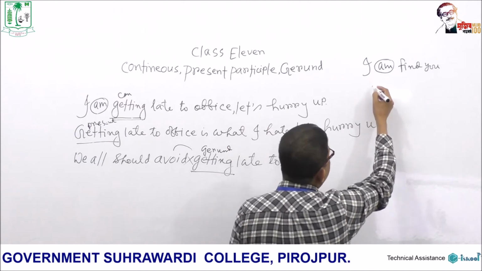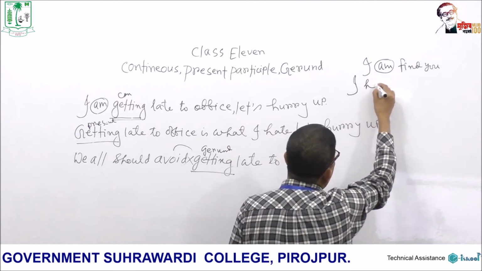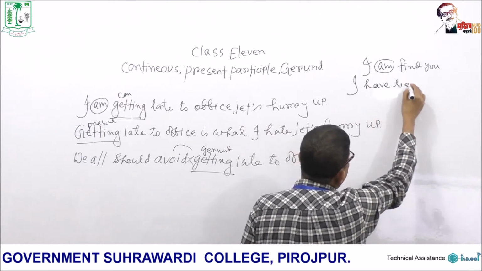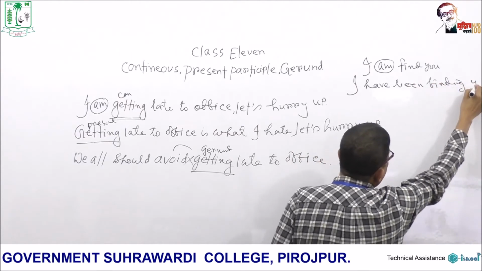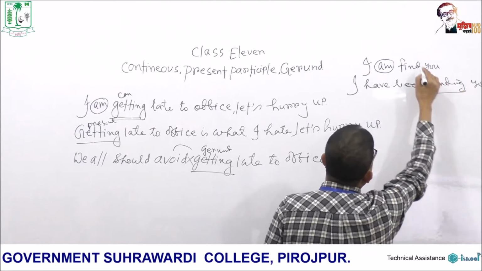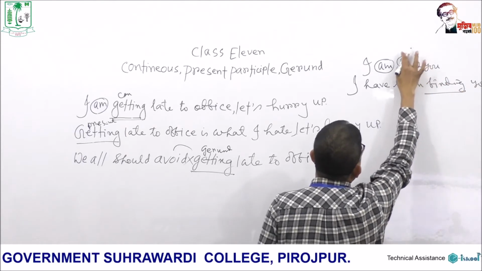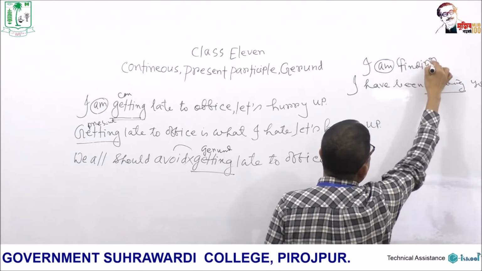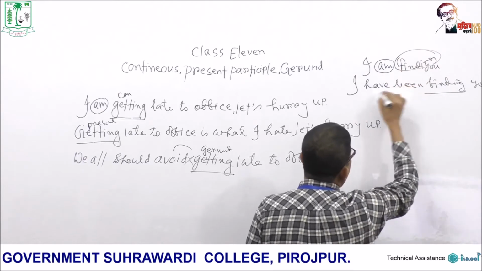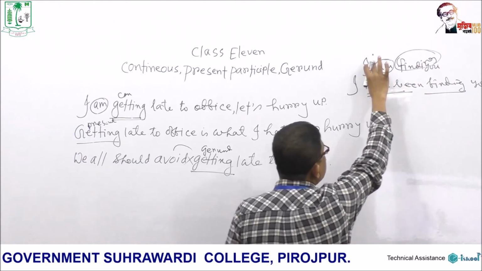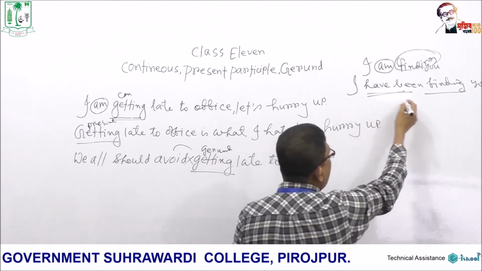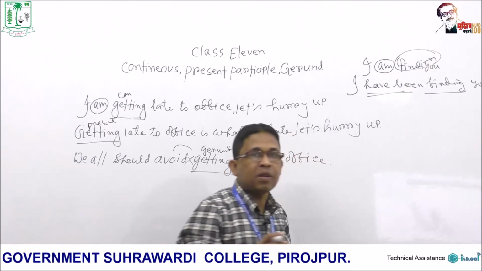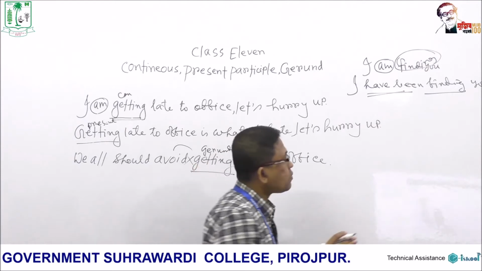And then I have been finding you. Finding here, and I am finding, of course, finding, have been. This is I am finding you, this is present continuous, and I have been finding you, this is present perfect continuous tense.